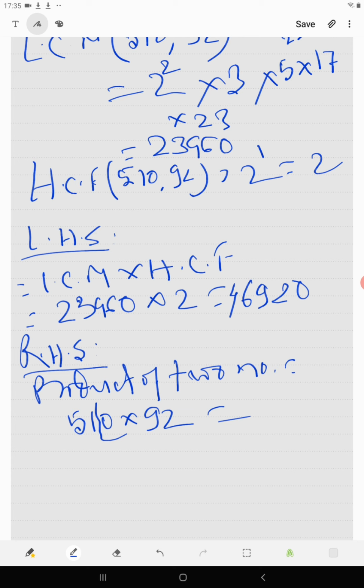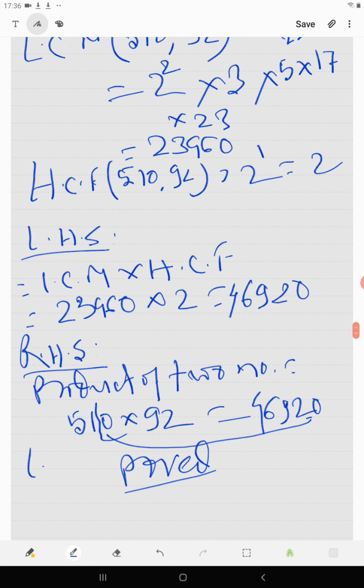That gave us 19, 5 is 450, 460. So 92 into 50 will be 4600, and 92 into 1 is 92, so 4692. Now this 0 I will put, so 46920. So hence proved that LHS equals RHS. So this we proved.